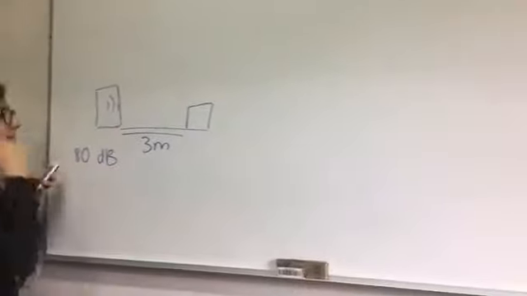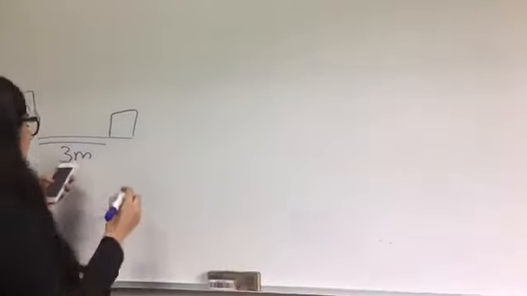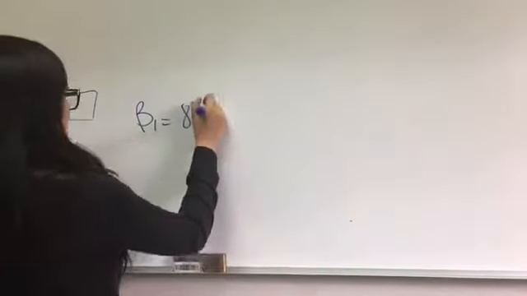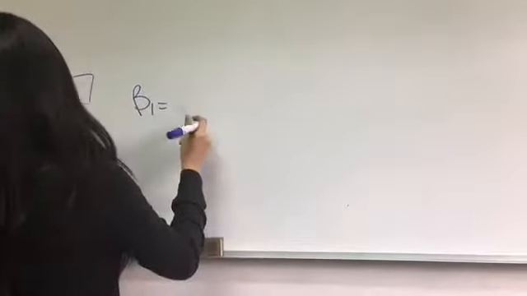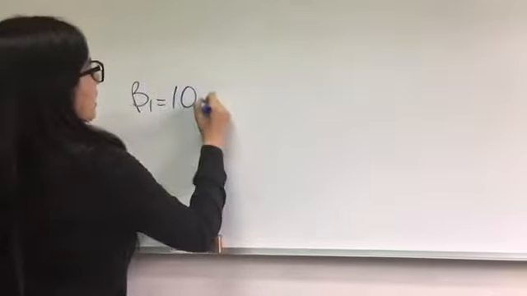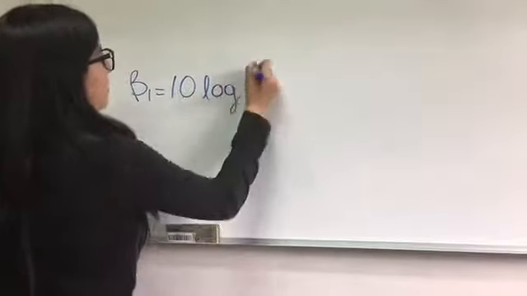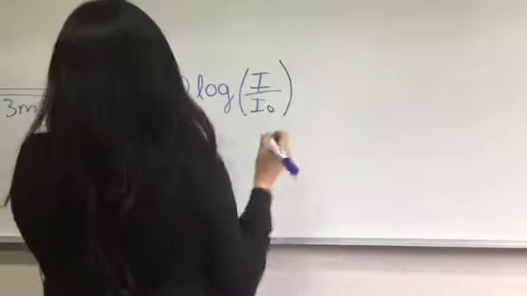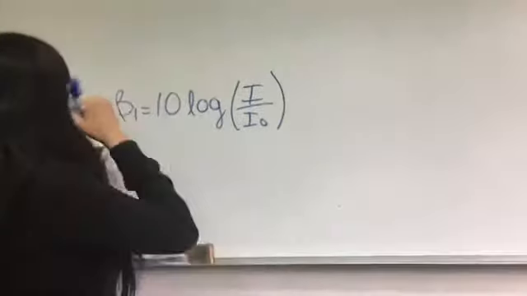So what we're gonna do is use the formula for the sound level, first knowing that it's 10 times the logarithm of the intensity over the initial intensity.